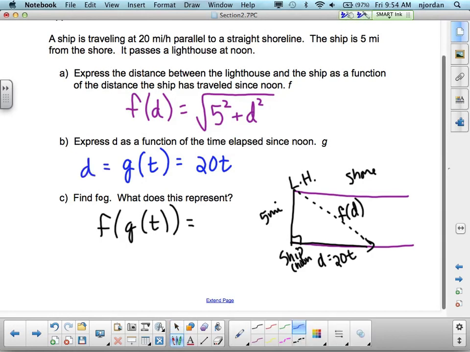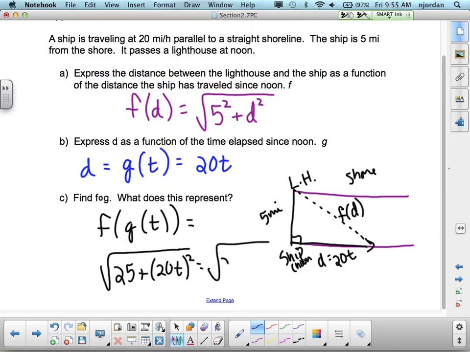Okay, so when you get that, you would just have the square root of 25 plus 20t squared. Now again, I'm sure most of you could have made that jump right away, but I'm just showing you how the composition works with these functions if we want to simplify that.